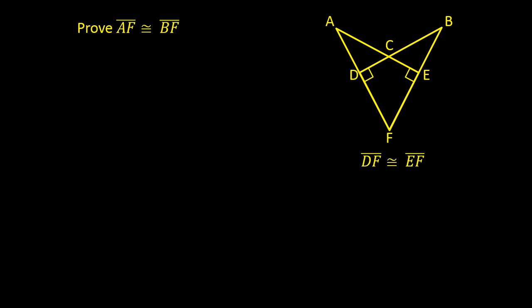Now within this picture, it's going to be helpful to notice that we do have two triangles, and well, we have more than two triangles, but we do have two triangles that contain right angles, and we will be able to show that those two are congruent. And if those two triangles are congruent, then we'll be able to say that their corresponding parts are congruent.